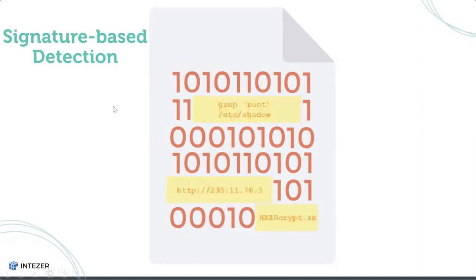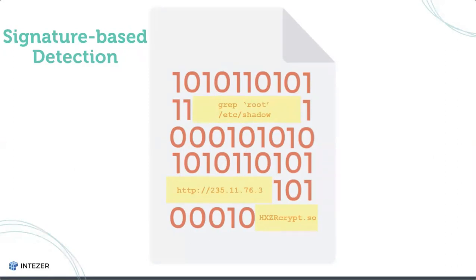These patterns can be, and usually are, textual in nature. For instance, system commands, IP addresses or URLs, or names of functions, libraries, etc. By searching for these textual values, you will be able to detect different malware samples in a very basic way.